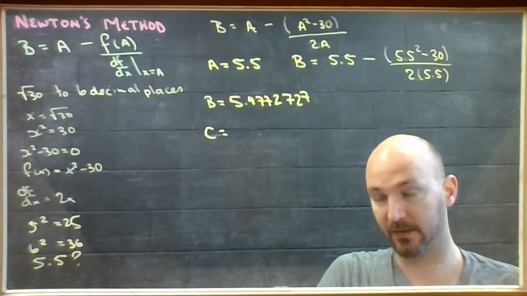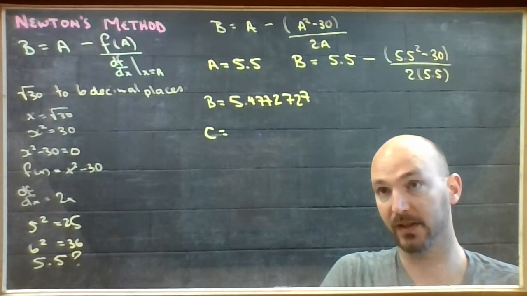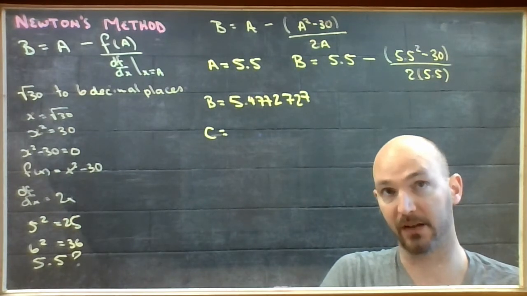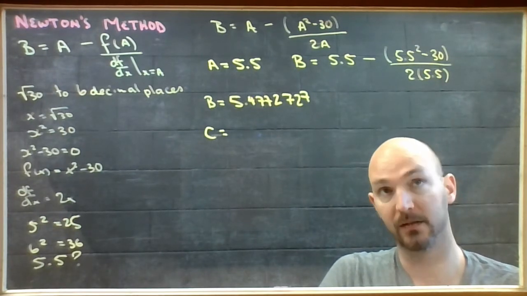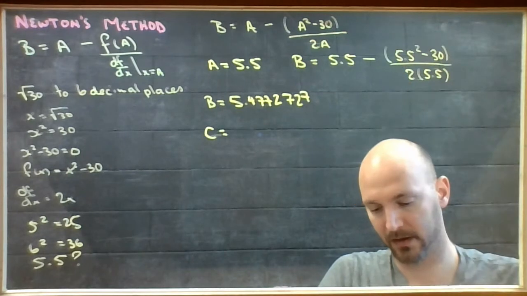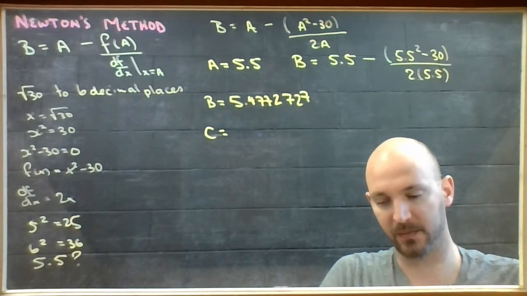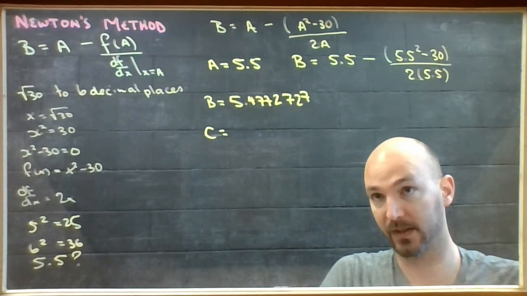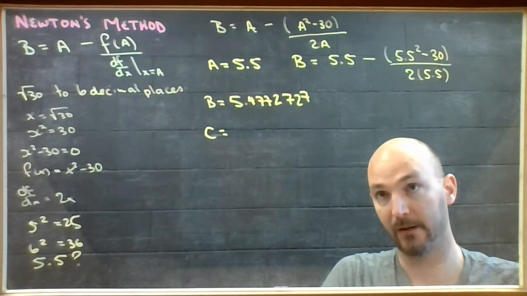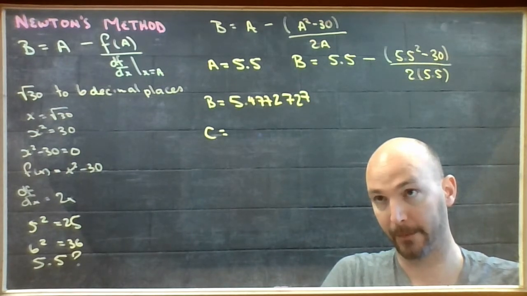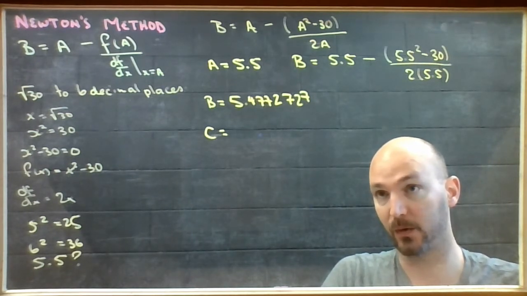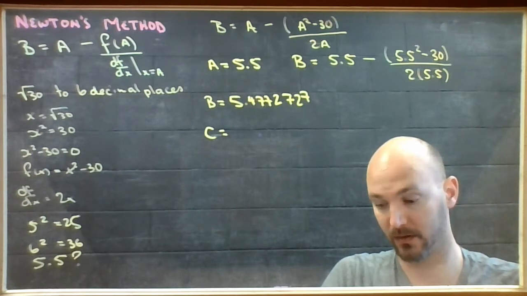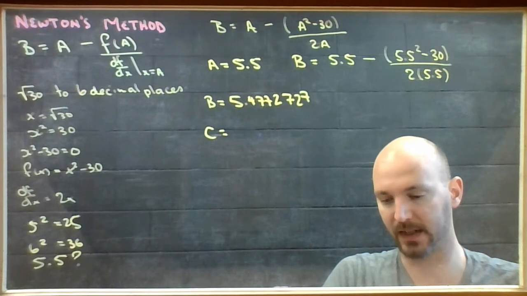So if I take 5.4772727, square it, because I need to square, subtract 30, gives me some tiny decimal, divide by 2, divide by 5.477272 equals, and then take 5.4772727 and subtract that answer.